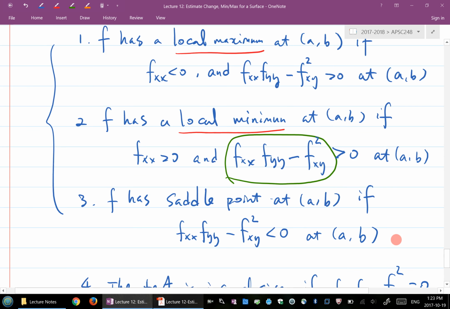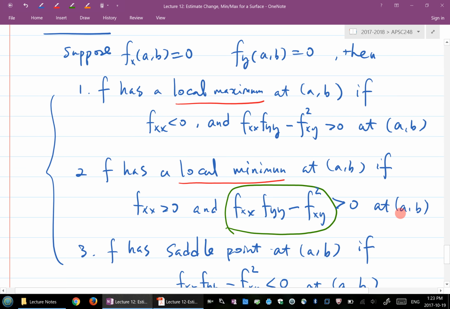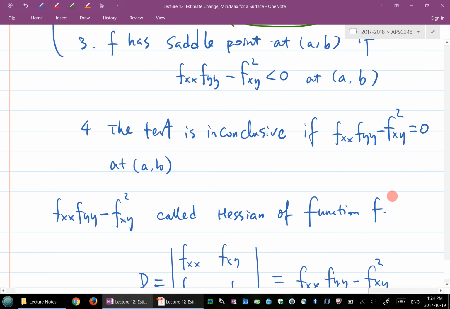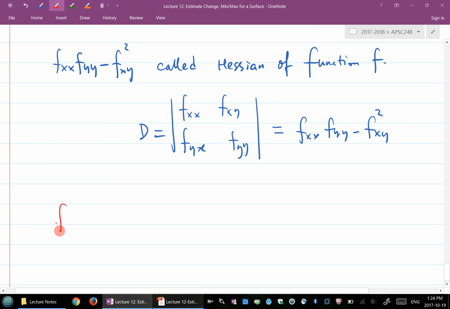The other way to understand this is to look at local minimum and local maximum. What really determines which one it is? It's the sign of fxx. If fxx is less than 0, it's a local maximum. If the sign of fxx is greater than 0, then it's a local minimum. So how do you interpret this?